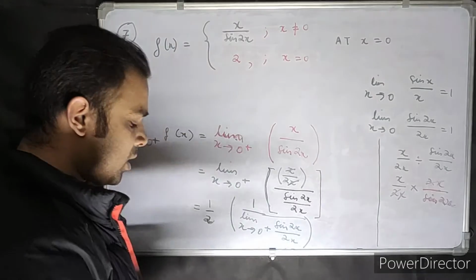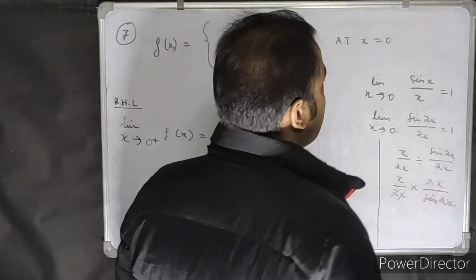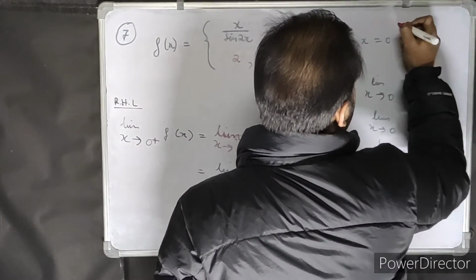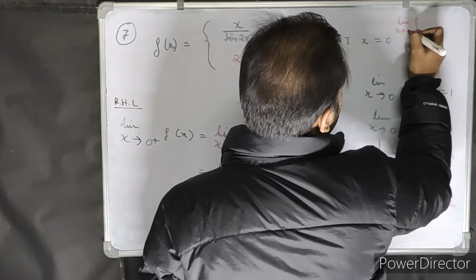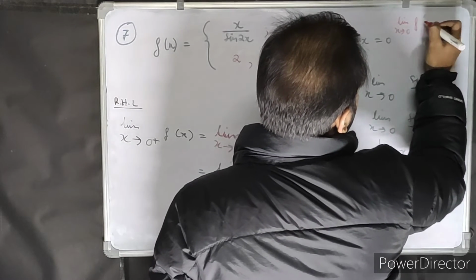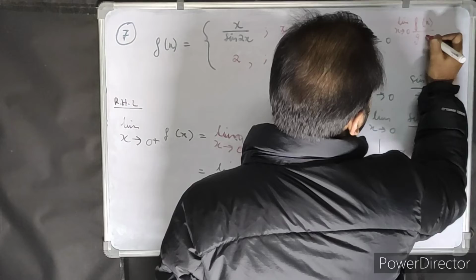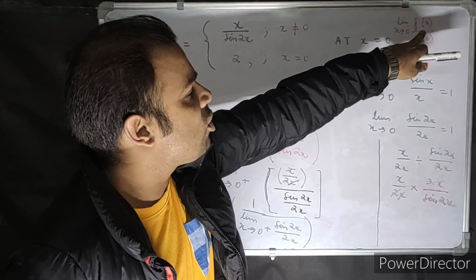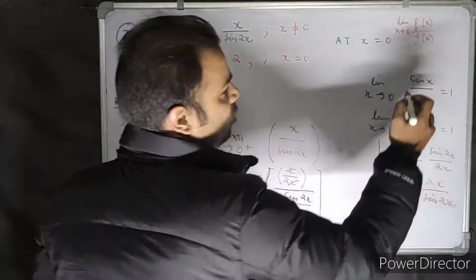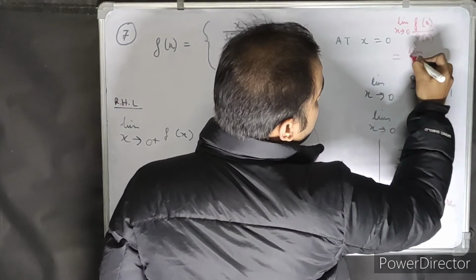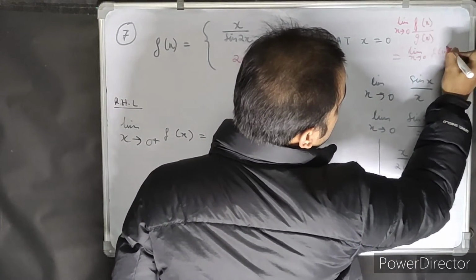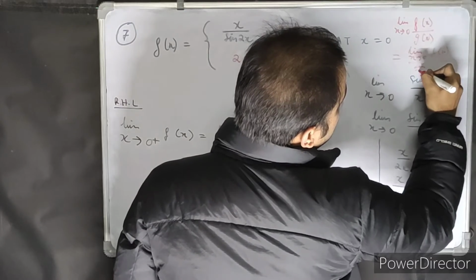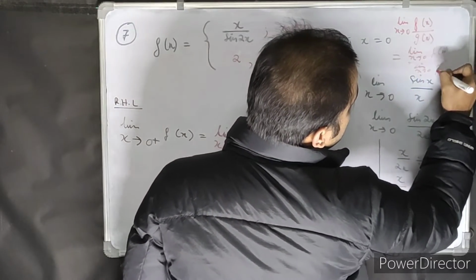There is also a rule that if you have limit of x tends to 0, f of x divided by g of x, you can also write this as limit x tends to 0, f of x on top, and limit x tends to 0, g of x down.